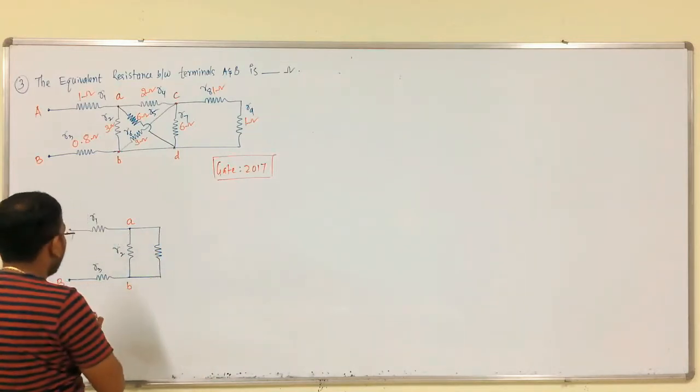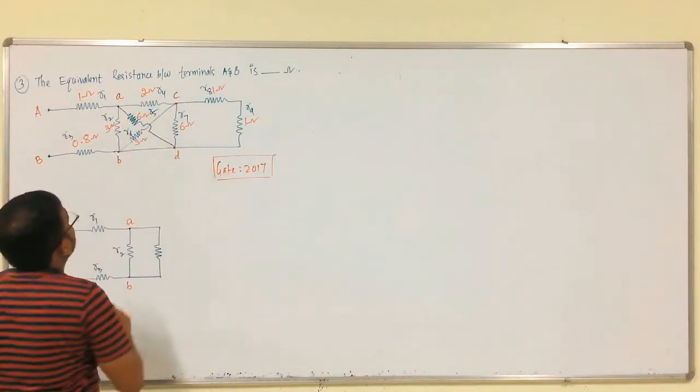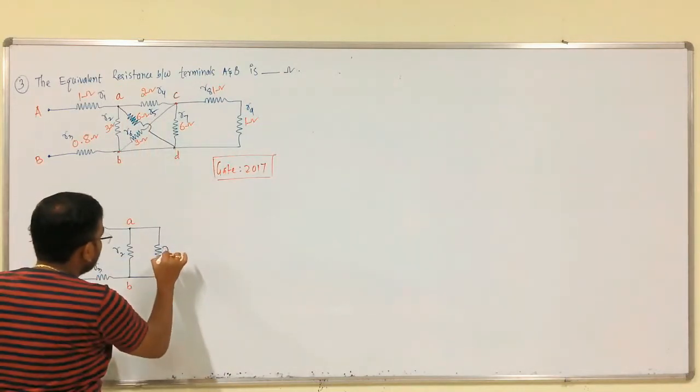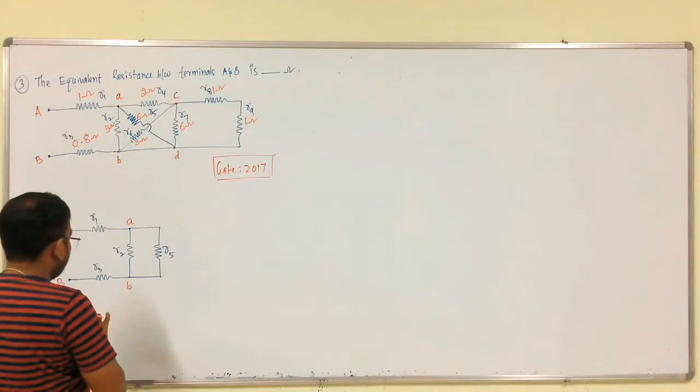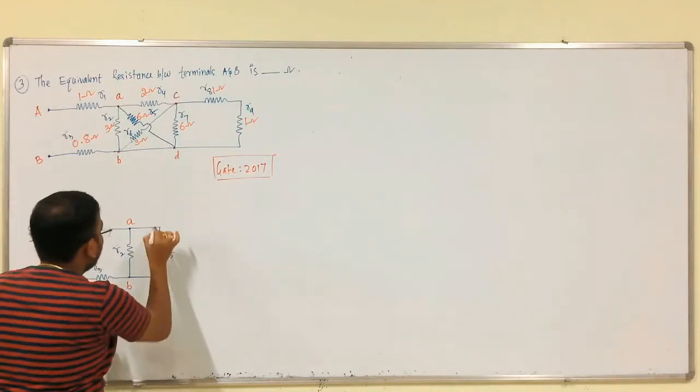This is R 5. This is D. Again, this is A.